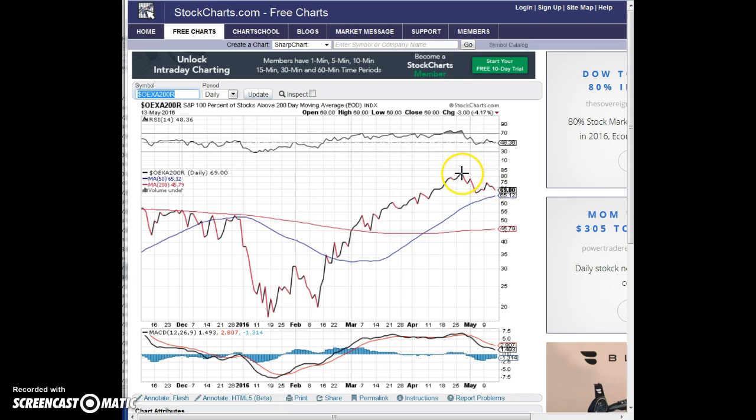We made a high here, and then we made a lower high here. So it's pulling back to the 50-day moving average, and the 200-day is still below here. The number of stocks is still pretty high, 69%. And I like the fact that the MACD is looking a little stronger here. It's beginning to trend up a little. So we'll have to wait and see how this plays out.